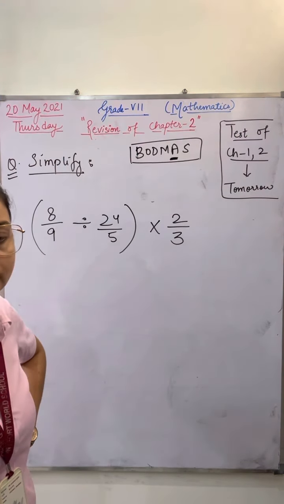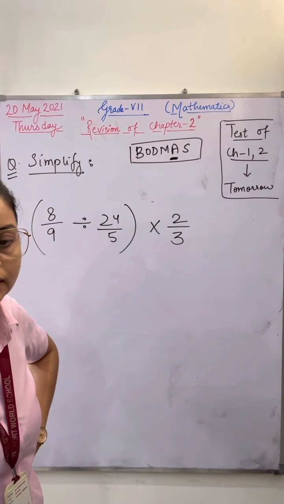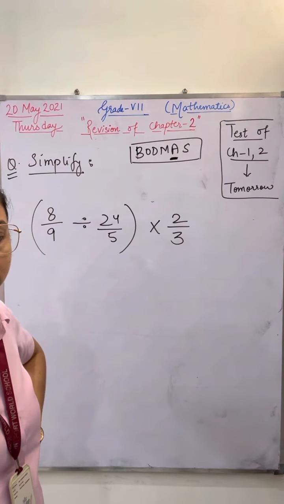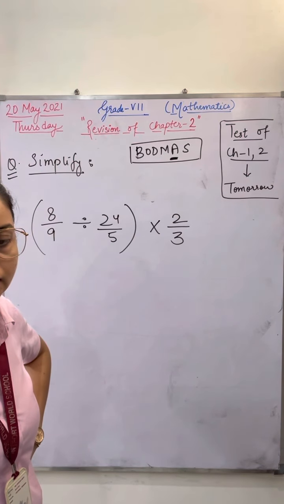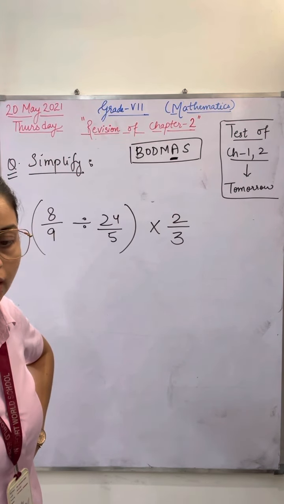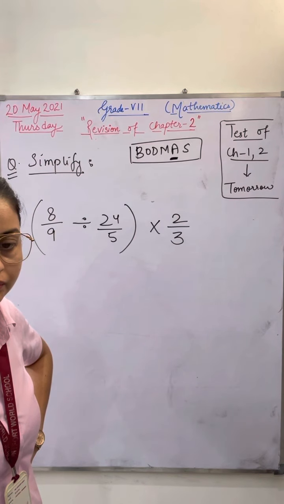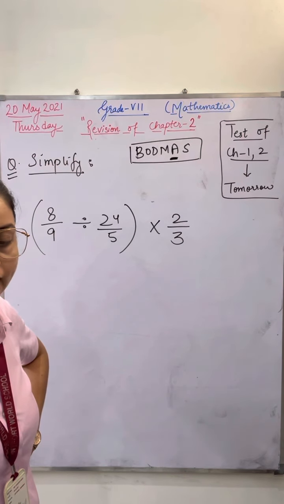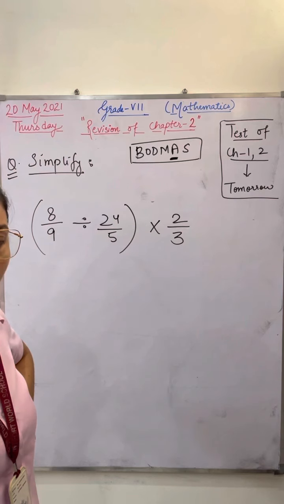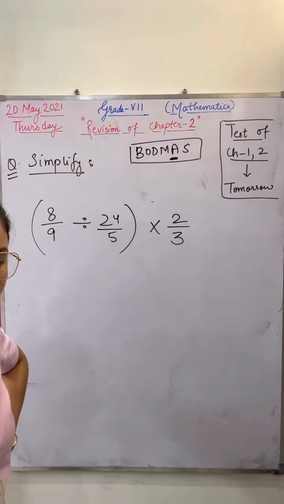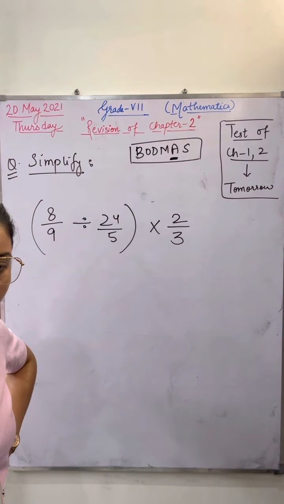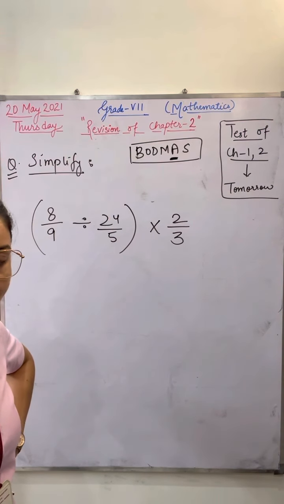Keshav Singla. Royce, have you solved? Jugaad, have you solved? Do it quickly. I'm giving you a minute to everyone. Tanish and Siddharth Lathar, have you solved?